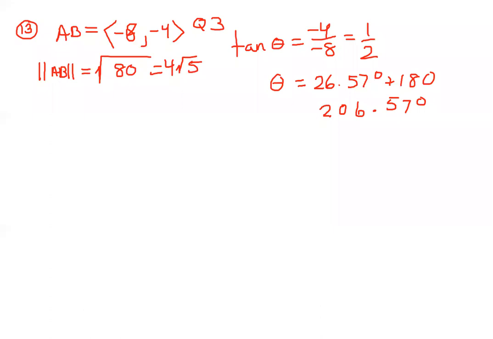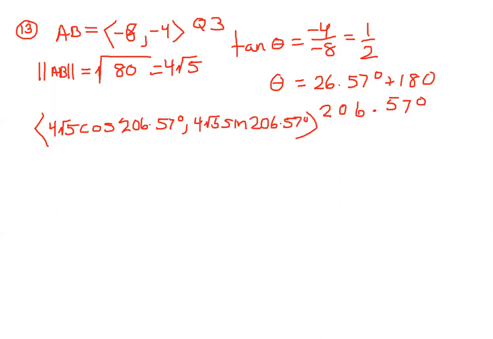And we can write our vector as 4 times the square root of 5 cosine of 206.57, 4 times the square root of 5 sine of 206.57.